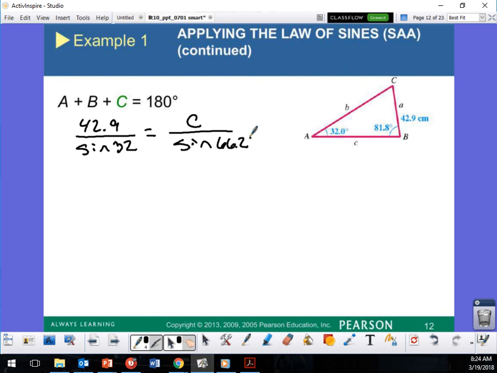There we go, 66.2 degrees, right? So now that I have that set up, I can do my cross products, right? So I get 42.9 times the sine of 66.2 is equal to c times the sine of 32.